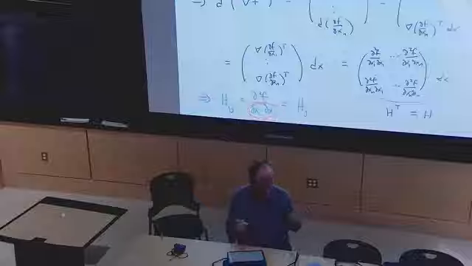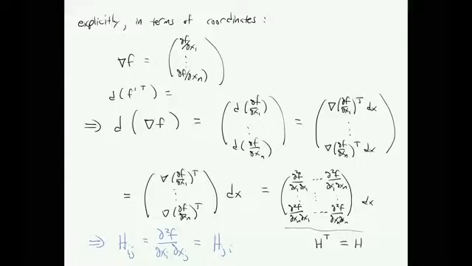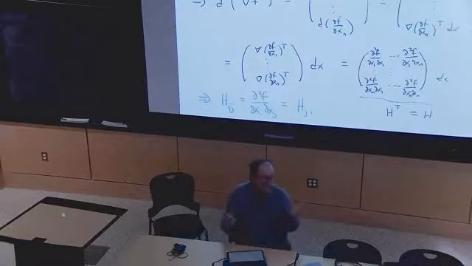The notation is kind of ambiguous because it doesn't need to be explicit, since you can swap the order. If I put parentheses here, that's the explicit thing: I take partial f, partial x1, and take its derivative with respect to x1 all the way to xn. If you put parentheses there, then it's the opposite. But at the end of the day, it's not going to matter because this is symmetric.